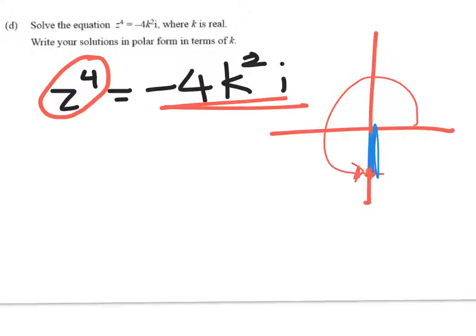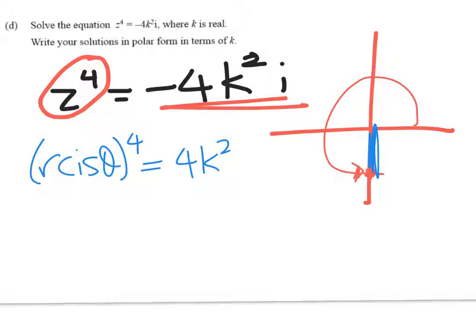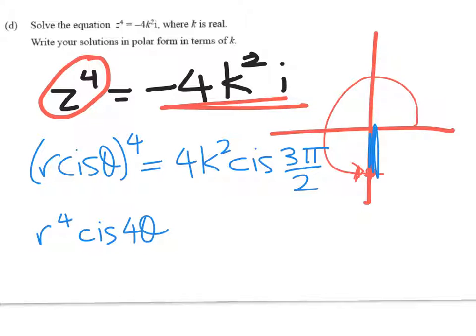So we can start by rewriting z as r cis theta to the power of 4, and then fixing this up to have it in polar form, we're going to get 4k squared cis 3 pi on 2. After that we get r to the power of 4 times cis 4 theta equals this.